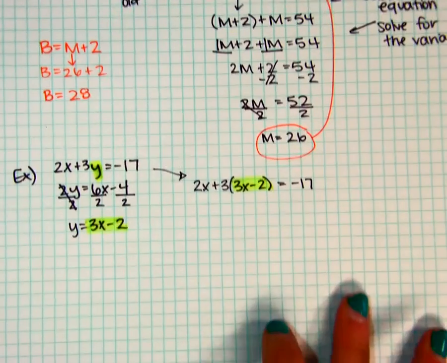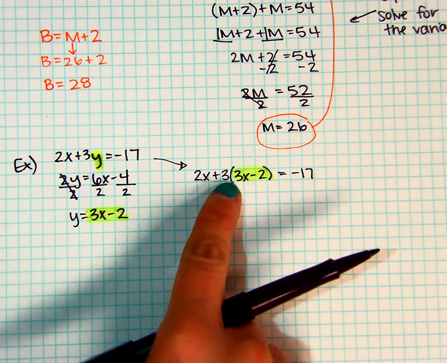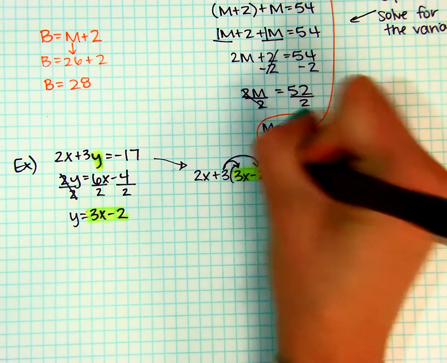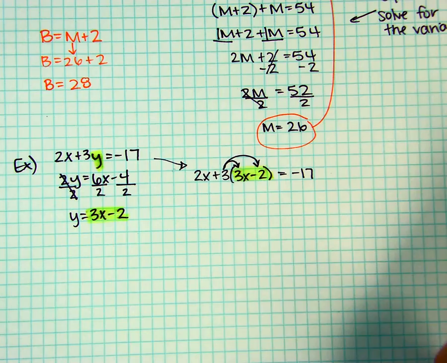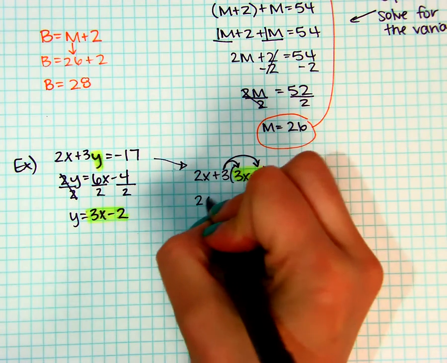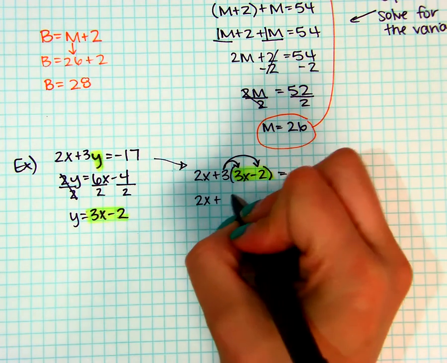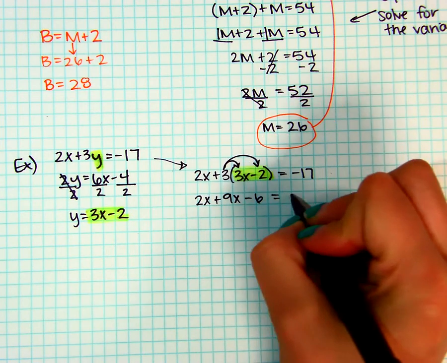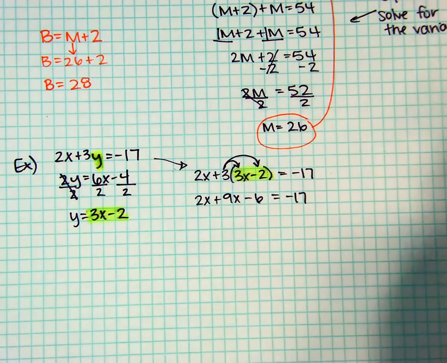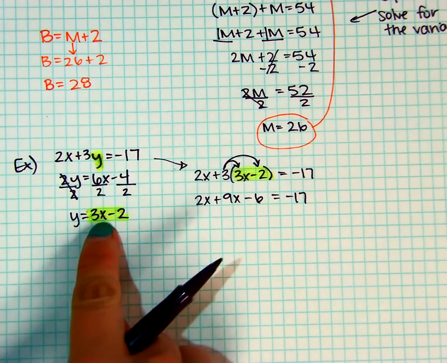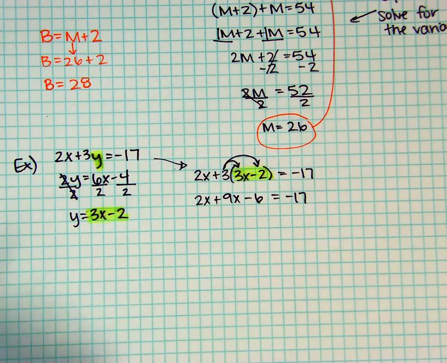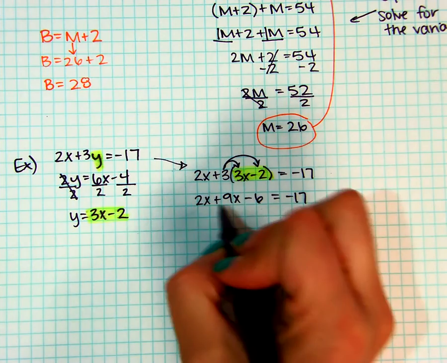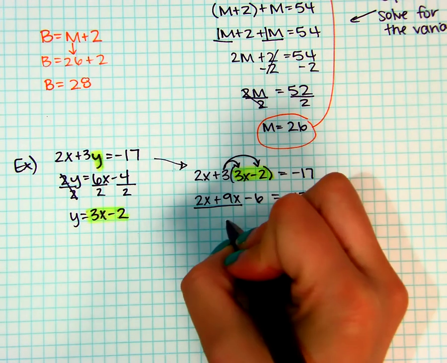We have a coefficient in front of this y. It's a 3. So I have to multiply 3 by both terms on the inside to simplify. So 3 times 3x is 9x. 3 times negative 2 is negative 6. So again, I isolated the variable and I substituted it in. Now I'm going to solve for my one letter x. These are like terms. They add to make 11x.